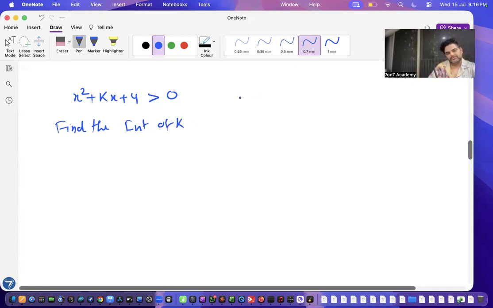Tell me, I've given 5 minutes again. Think about the integral values of k for which this is satisfied. Integral solution means integer value of k, not rational values.